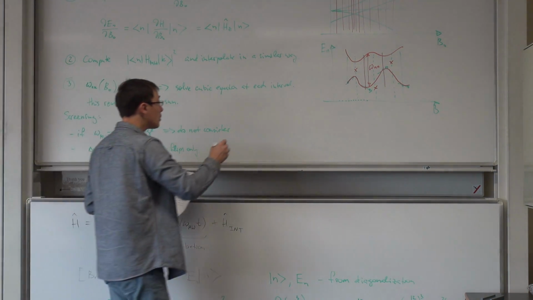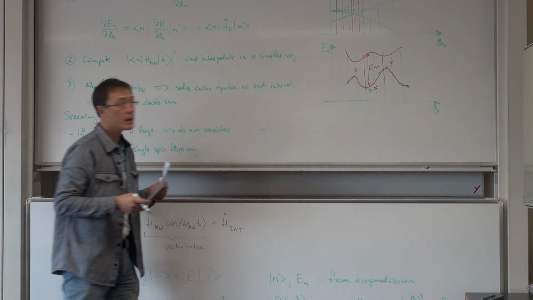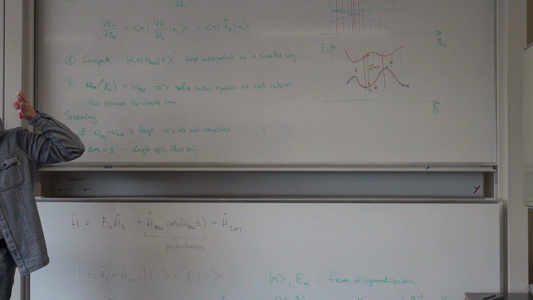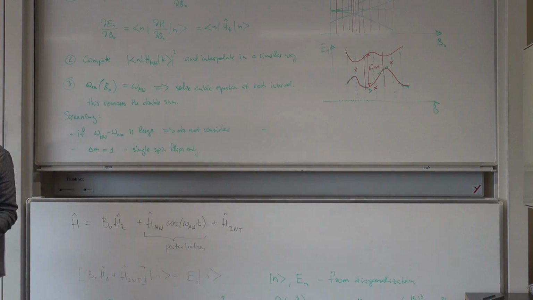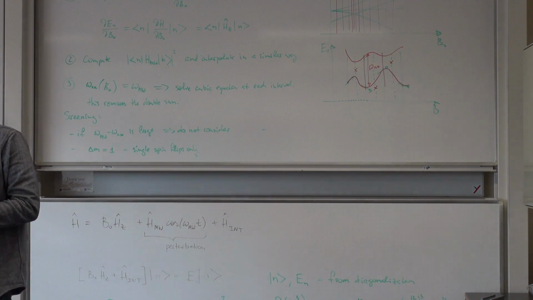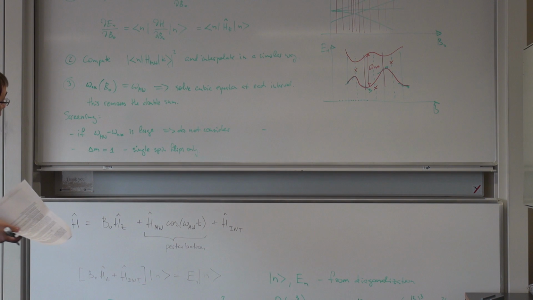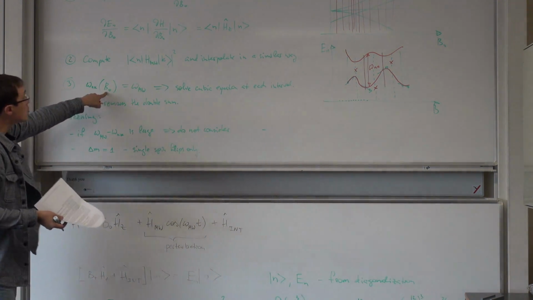And finally, of course, when the user tells us which spectra they want, they always specify the field sweep ranges. I'm sweeping the field from 3.01 Tesla to 3.02 Tesla. And of course, that's a very narrow range.